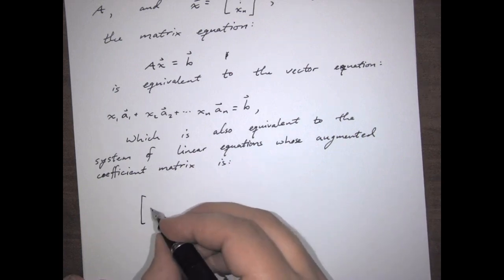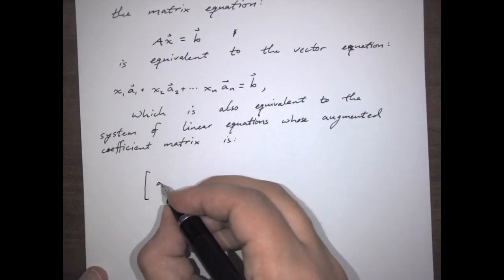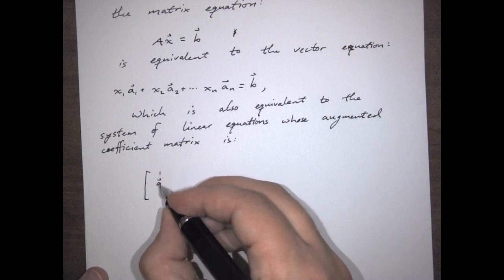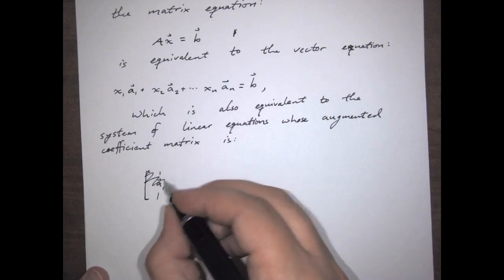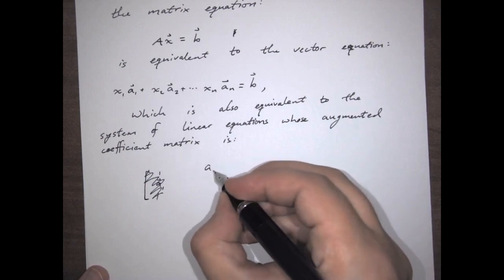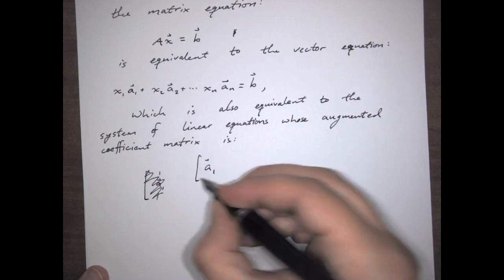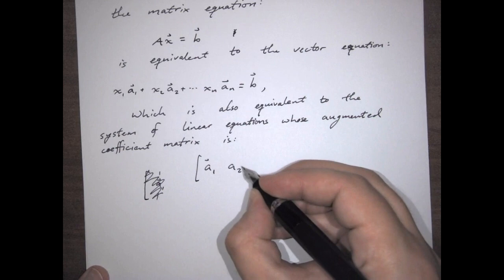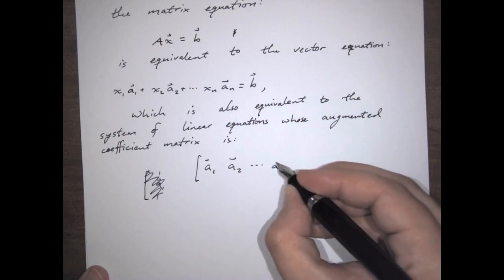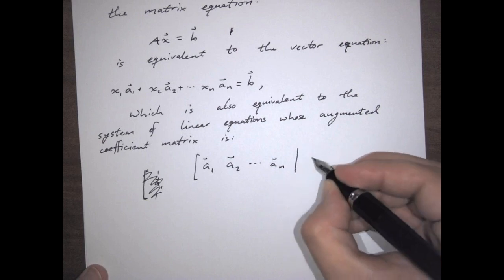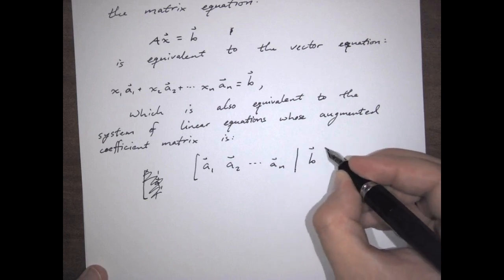and then here we're just going to have the a's. Actually, I'm going to write this in the usual way that I wrote it before. So a1, a2, dot dot dot, an, augmented by b.